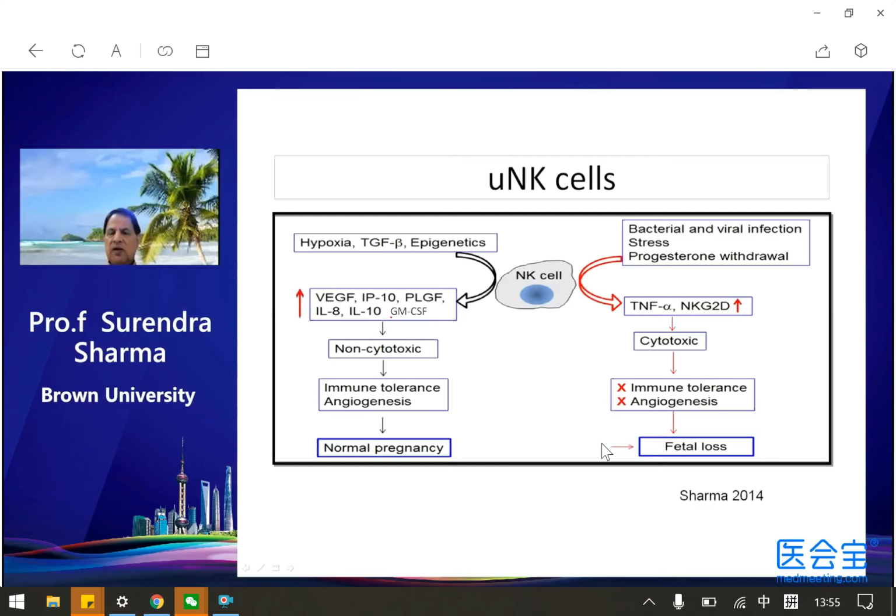and also induce immune tolerance, for example, a cytokine like IL-10, which is anti-inflammatory, and that contributes to normal pregnancy outcome. On the other hand, we have published, and when we published it, it was not well accepted, but now others have published the same thing, so I think this is quite valid.